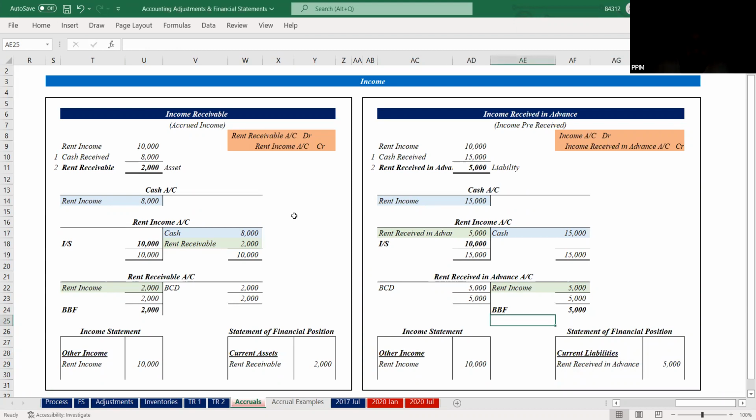The stock, debtors, and accruals. Okay, so you can complete this. Tomorrow we'll discuss the past papers. Okay, right.